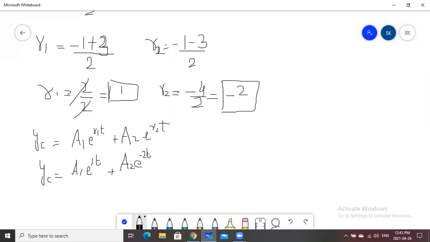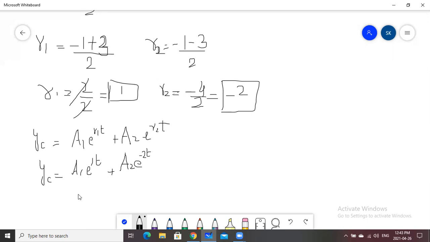Therefore, yc is equal to a1 e raised to power 1t plus a2 e raised to power minus 2t. Now, why can we write this equation in this form? Because the roots are distinct real numbers.